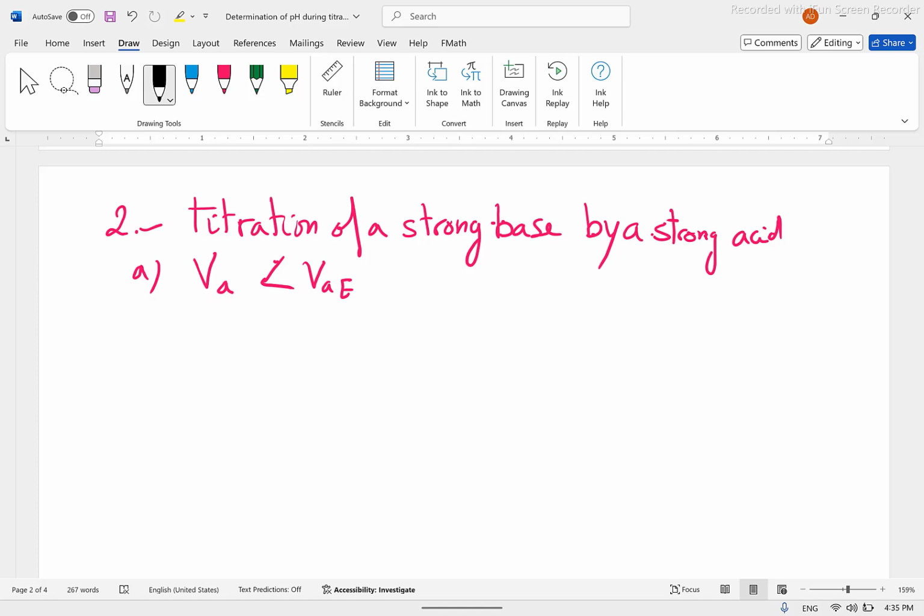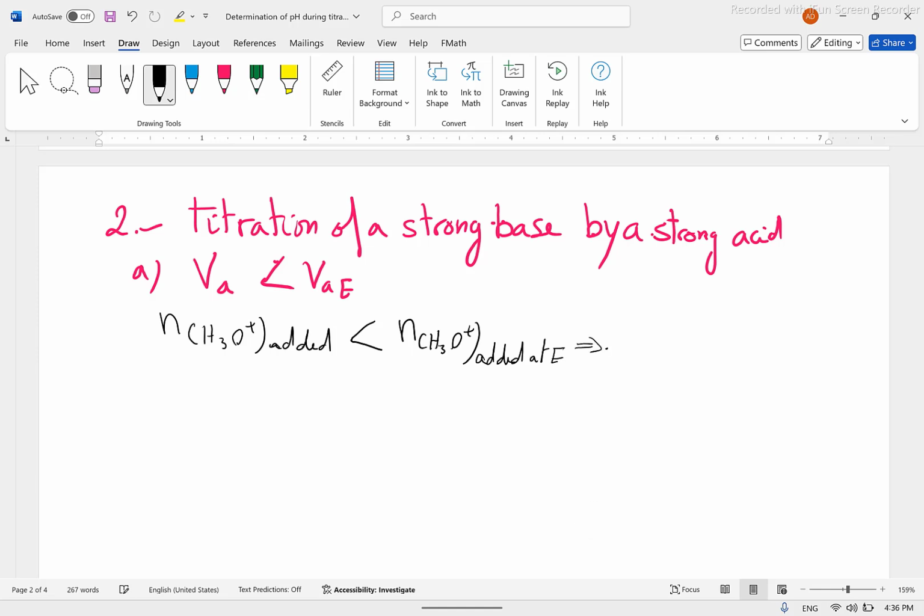First case, if the volume of acid added is less than the volume of acid added at equivalence, then in this case the number of moles of H3O+ added is less than the number of moles of H3O+ added at equivalence.